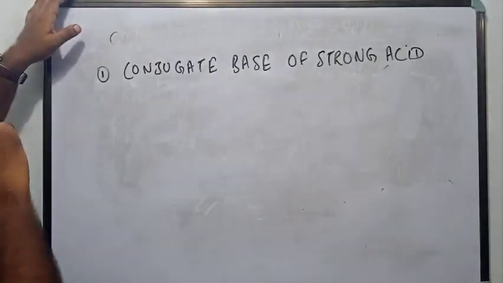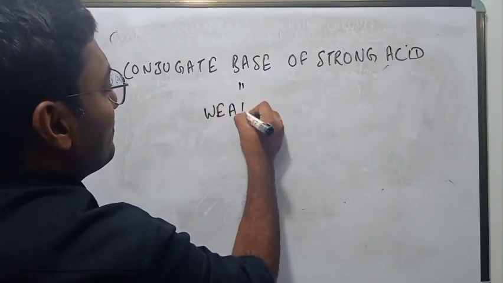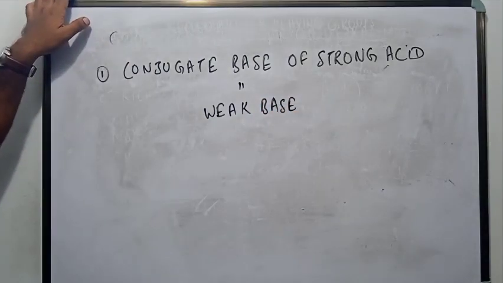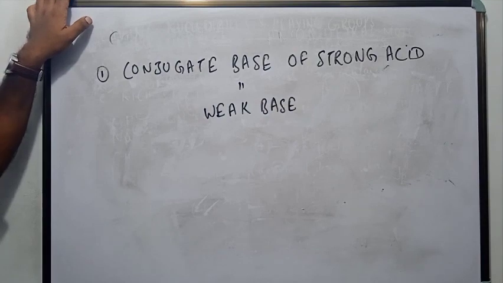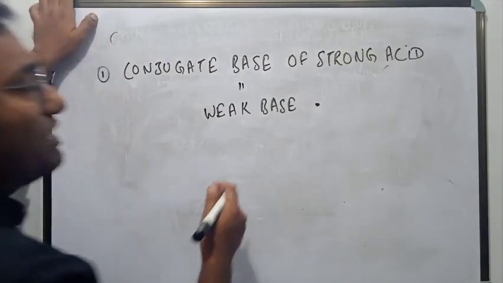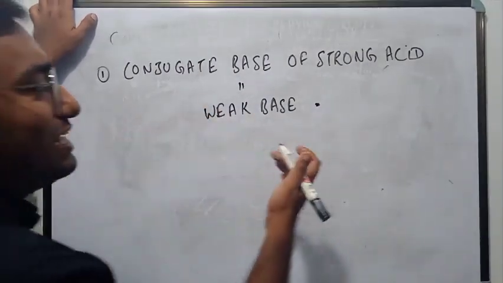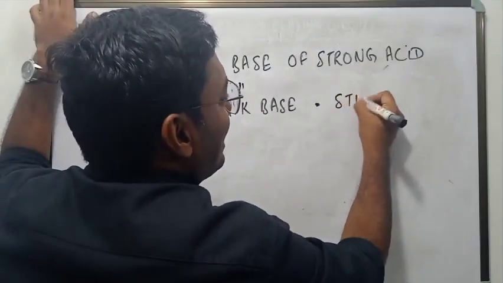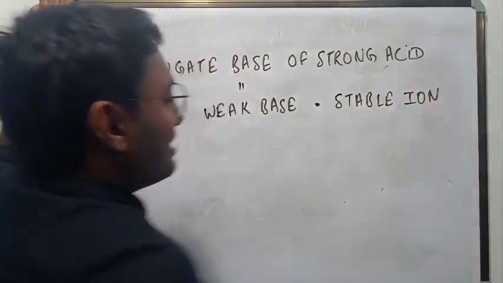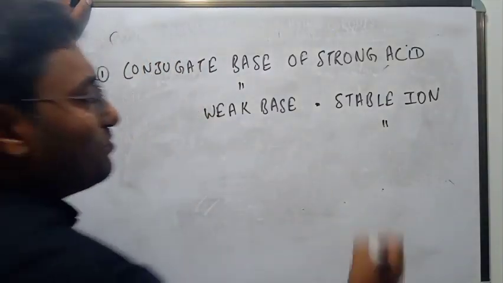What is the conjugate base of a strong acid? It is a weak base. The conjugate base of a strong acid is a weak base. A weak base means that it won't give its electron pair so easily. That means it won't react. So that makes that ion more stable, a stable anion. And if the anion is stable, then that would make it a good leaving group.